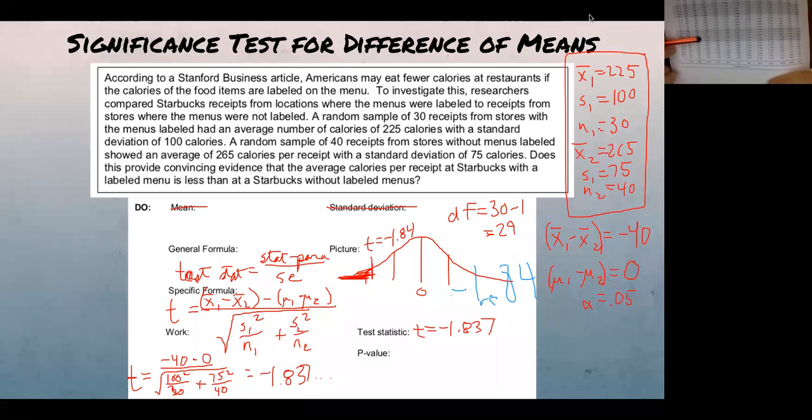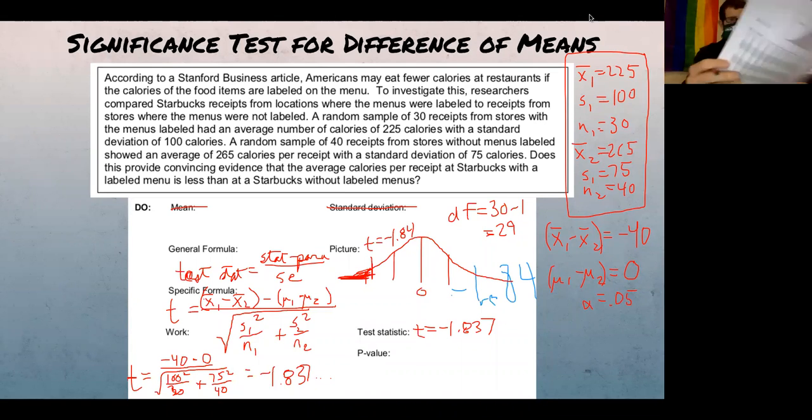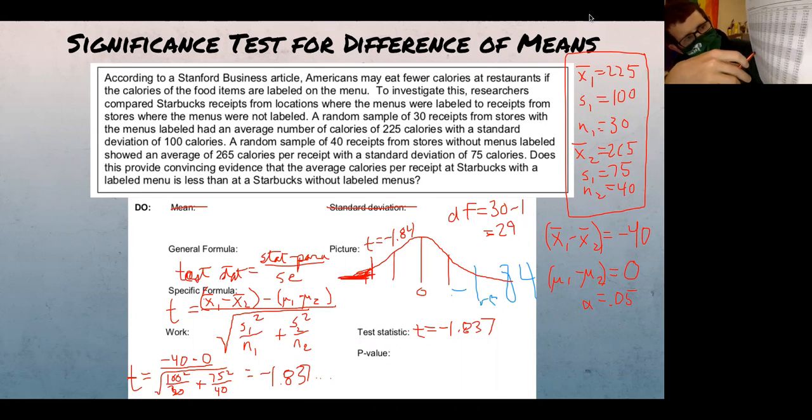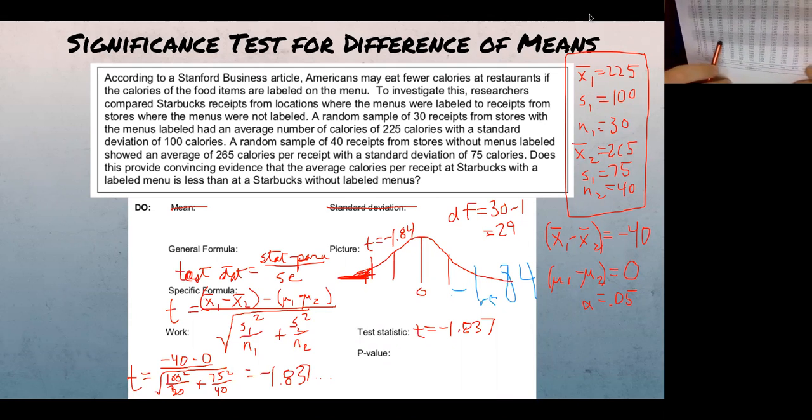With 29 degrees of freedom, I'm going to go over until I find where the absolute value of my test statistic falls. On the row for 29 degrees of freedom, you keep going over.